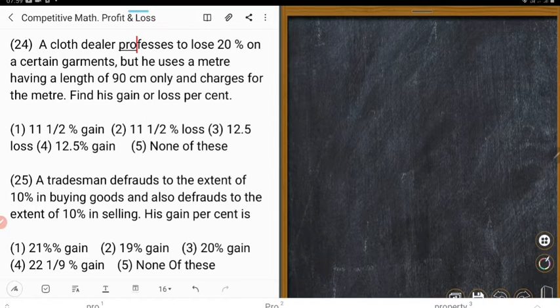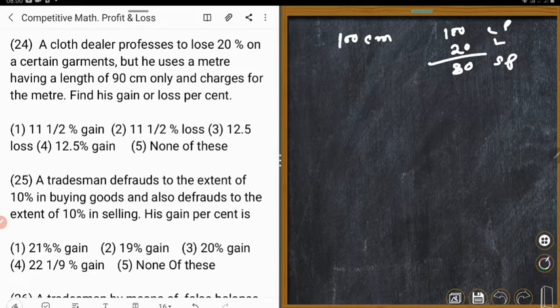Find his gain or loss percent. Suppose this is 24. Suppose CP is equal to 100 cm. 100 cm costs how much? 100. Loss, this is CP. Loss 20. This is 80, this is SP.